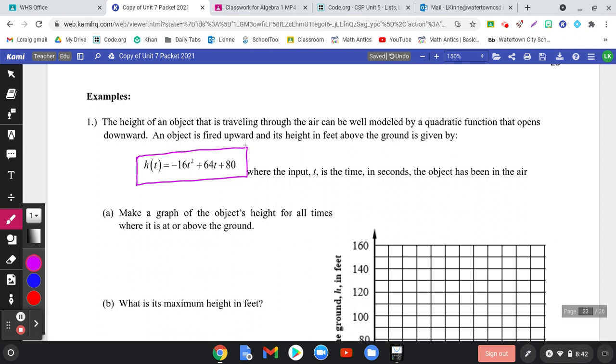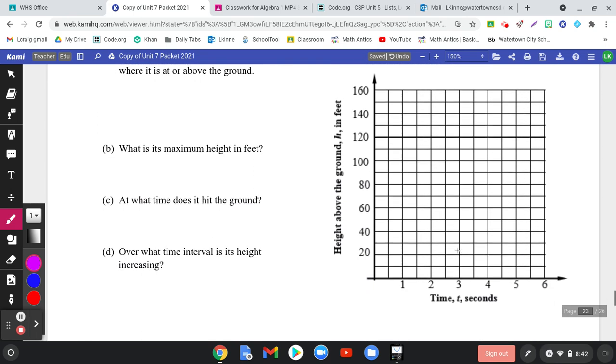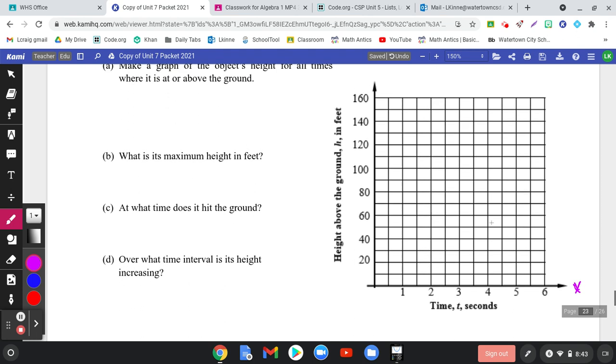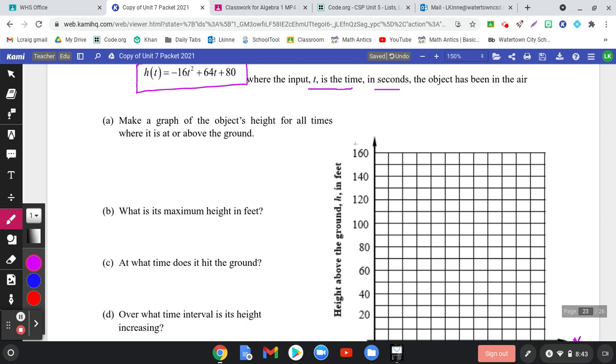An object is fired upward, and its height in feet above the ground is given by this function, where t is the time in seconds the object has been in the air. So instead of an x, which would normally be our horizontal axis, they're using t, which is typical because that's your time. And then instead of using y, they're using h to stand for height in feet.